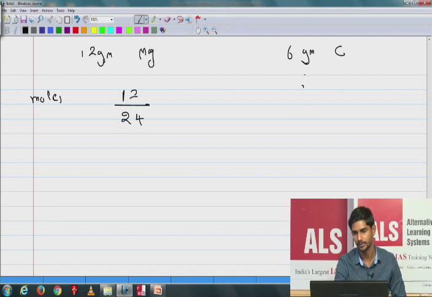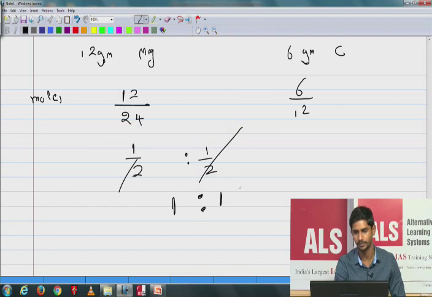This is 6 upon 12. If you solve that, this one comes out to be half, and this one is also half. So half and half get cancelled out, and it can be represented like this, 1:1.